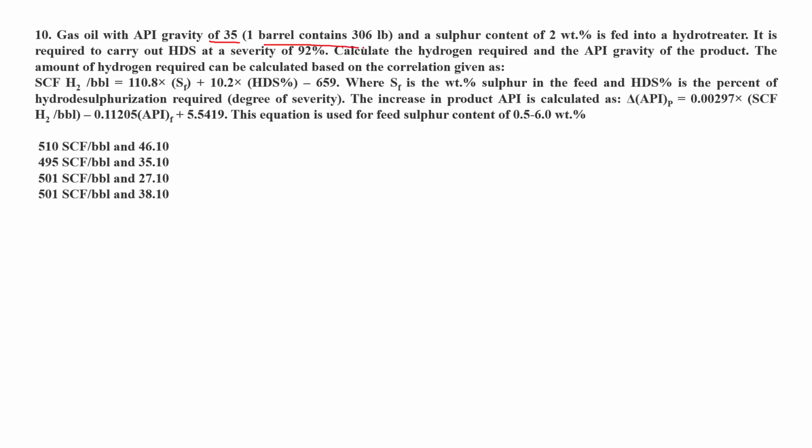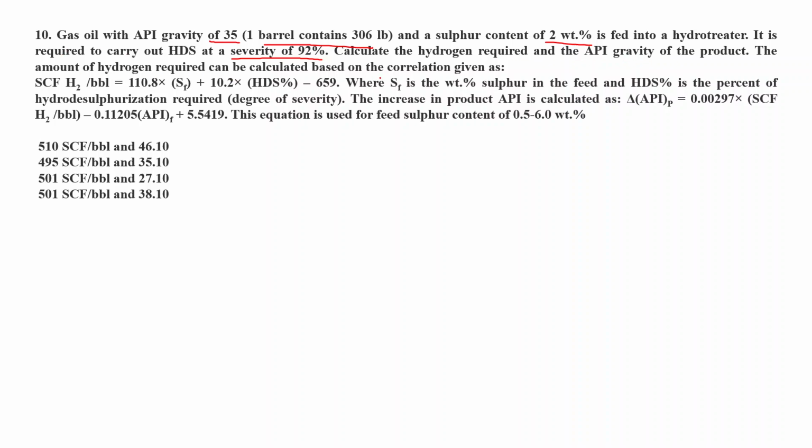It is required to carry out HDS, that is hydrodesulfurization, at a severity of 92%. Calculate the hydrogen required and the API gravity of the product.